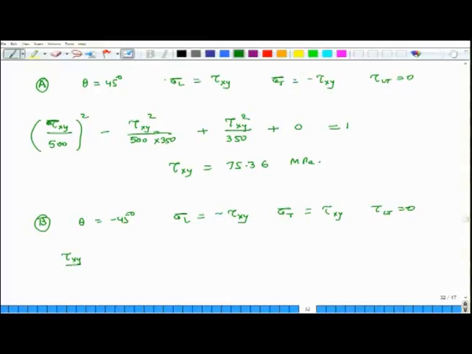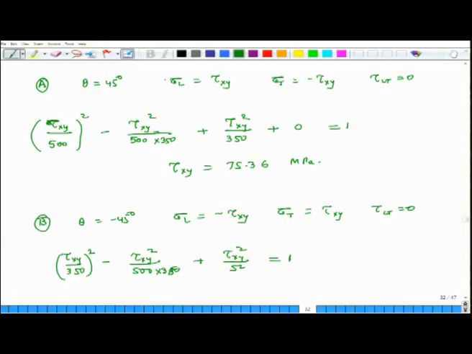Tau xy squared divided by, instead of 500, now I have 350 squared, minus tau xy squared divided by 500 times 350, plus tau xy squared, and this one makes a really big difference, divided by 5 squared, and for failure this should be 1.